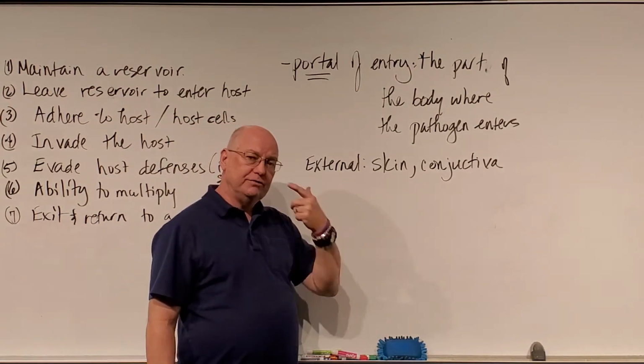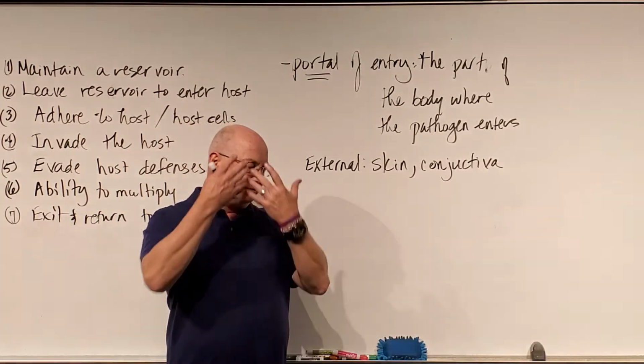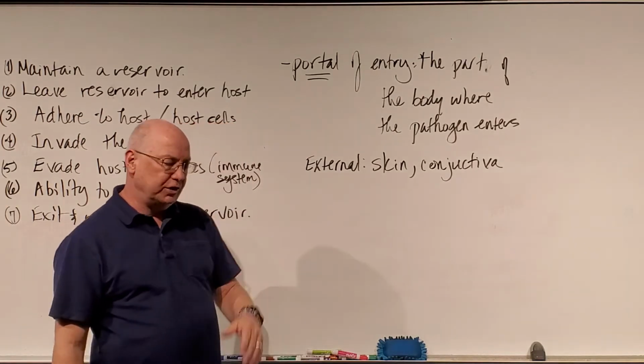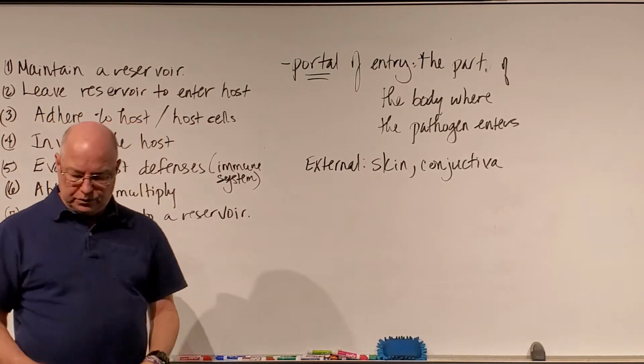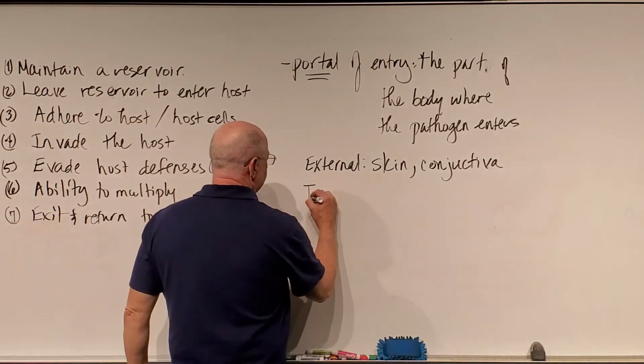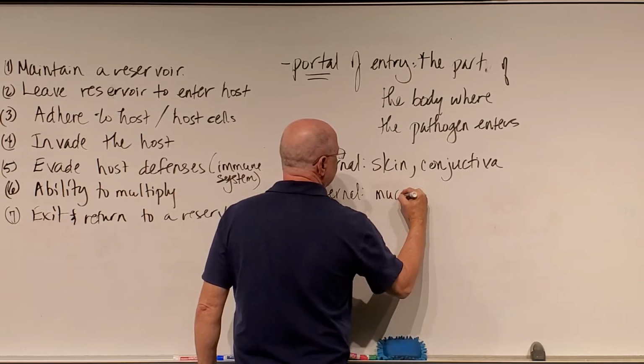And then the conjunctiva of the eye. If someone sneezes and you get some droplets with some flu virus or something on your eyeball, or something that's transmitted by respiratory droplets, then you might be able to absorb that into the body. Internal surfaces would be things like mucous membranes.